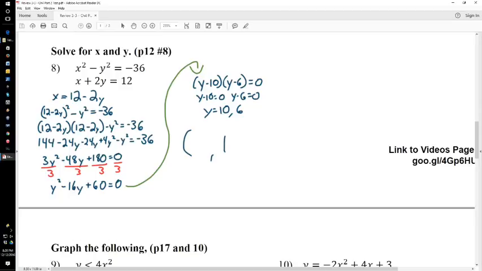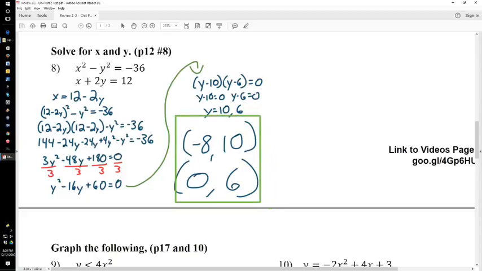So if y is 10, 10 times negative 2 is negative 20. 12 minus 20 is negative 8. So an x of negative 8 will yield a y of 10. If my y value is 6, negative 2 times 6 is negative 12. 12 minus 12 is 0. So an x value of 0 is 6. And those, again, are your solutions.